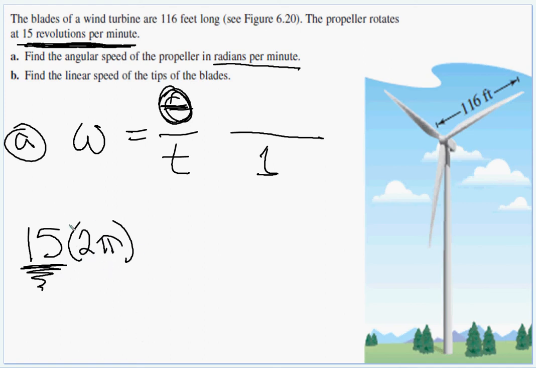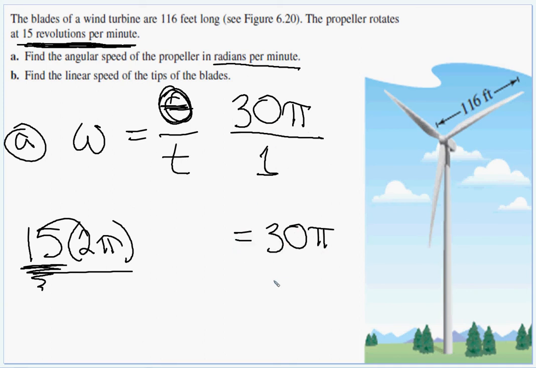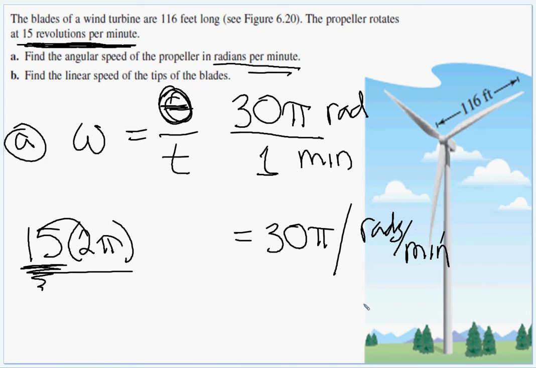So if we multiply the 15 and the 2, we get 30 pi. 30 pi divided by 1, so that would just be 30 pi. Now what's our units going to be? Numerator is in radians. Our denominator, they specified they wanted it in minutes. So that's going to be rads per minute.